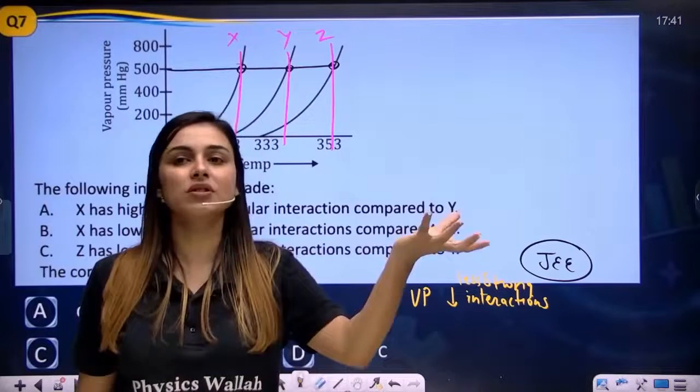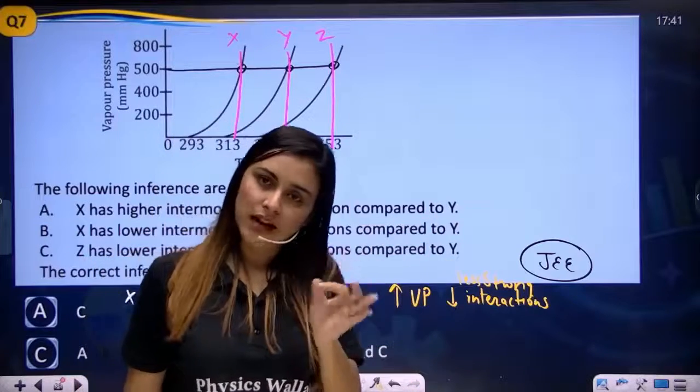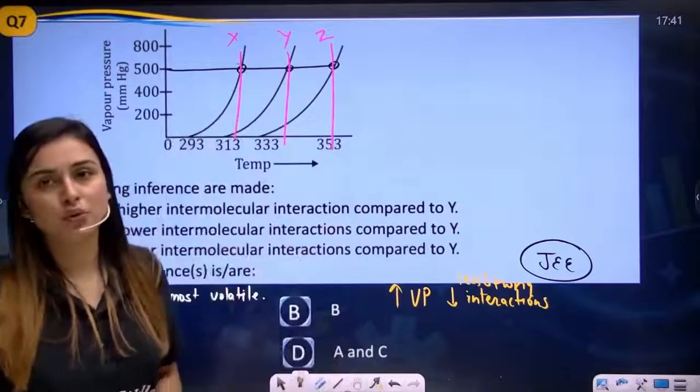That is the reason it was able to form vapors more easily, right? So x will have the least intermolecular forces of interaction.